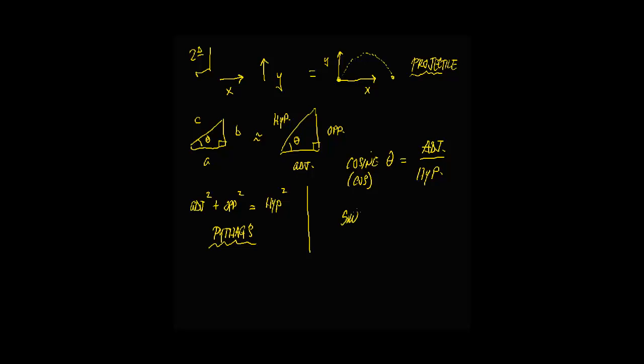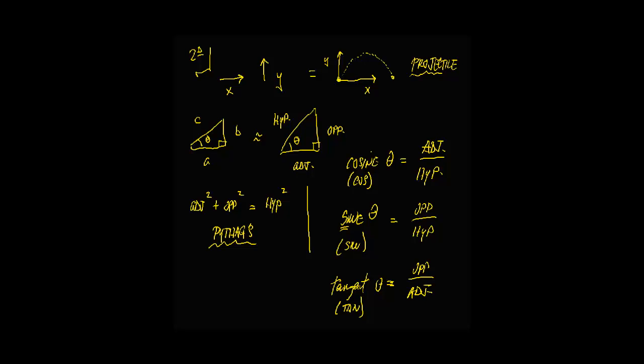If I take the sine of an angle, or on your calculator SIN, it's the side opposite divided by the hypotenuse. Cosine is the close side or adjacent side. And the last one that we sometimes use is tangent, or TAN on your calculator, of an angle. That's always the opposite over the adjacent side.